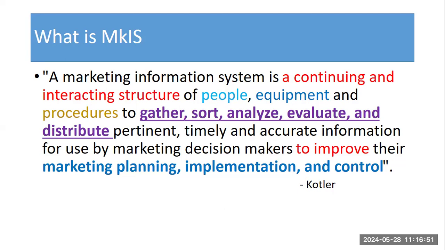This definition is a little more detailed compared to the previous one. It tries to give an idea of what a marketing information system is and how it helps marketing: planning, implementation, and control.